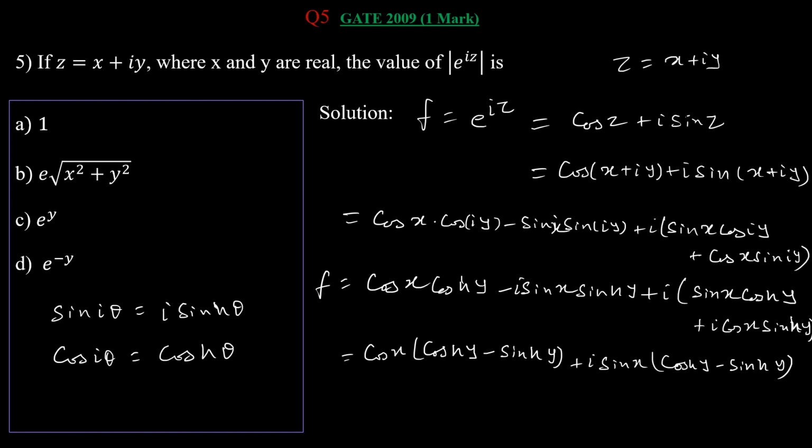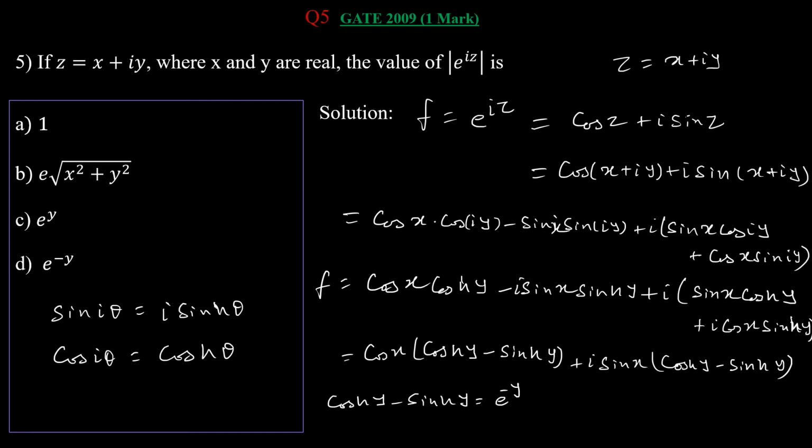So as we know here, the cos hyperbolic y minus sin hyperbolic y is e to the power minus y.